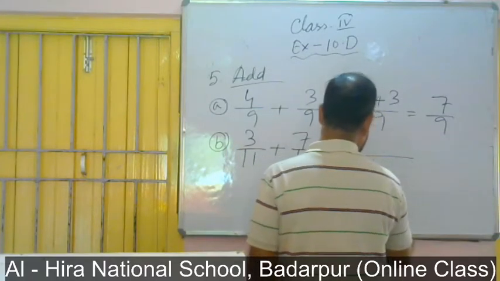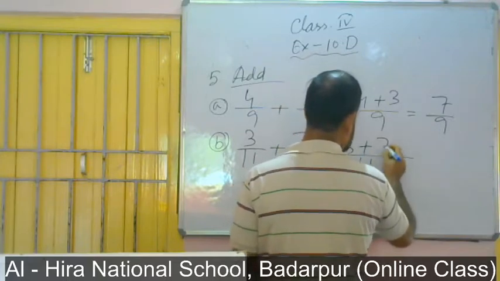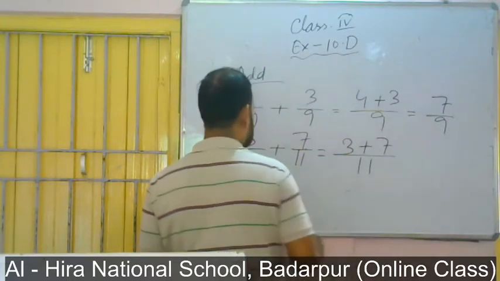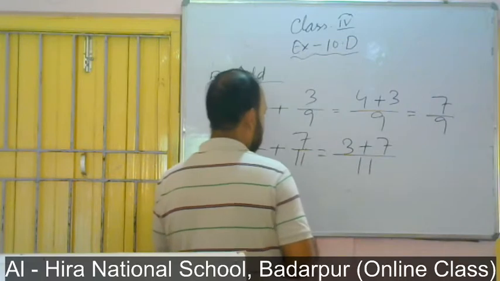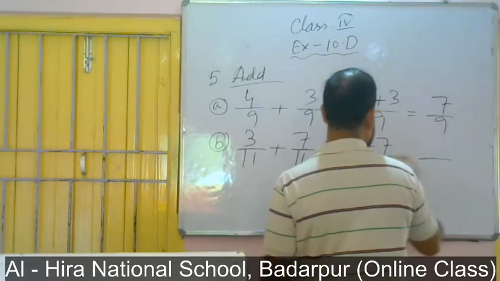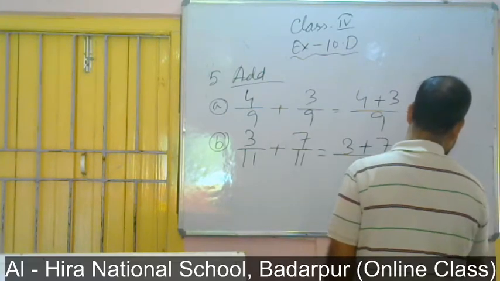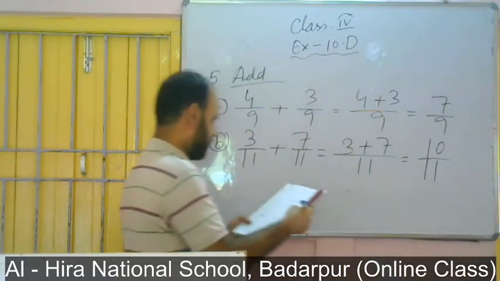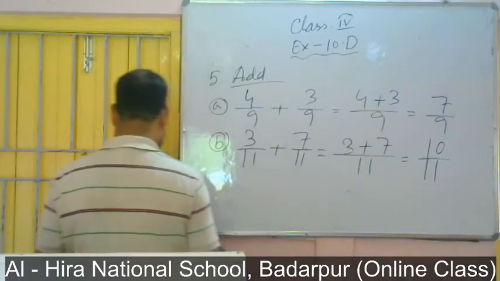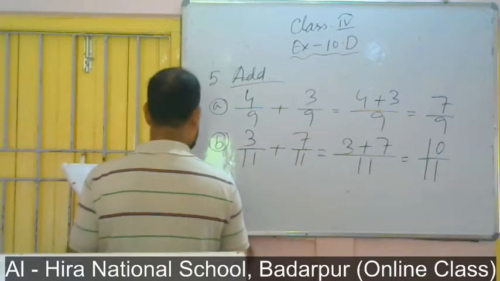We take 11 and add the numerators, 3 plus 7. 7 plus 3 is equal to 10 and denominator is 11. 10 by 11. Next question number C.